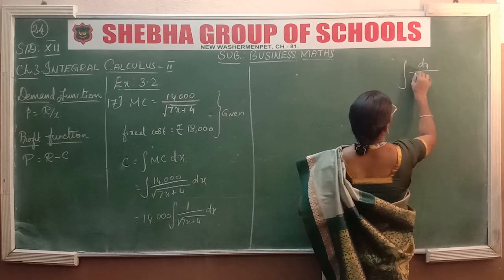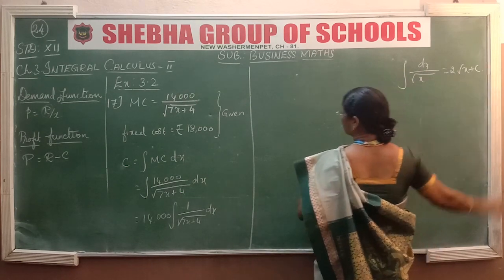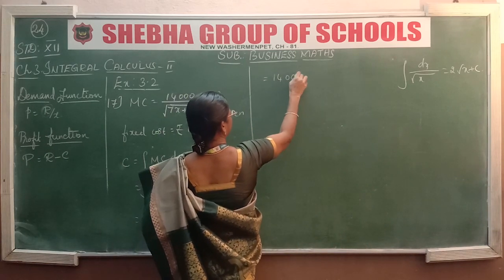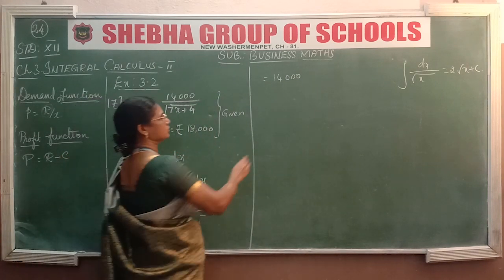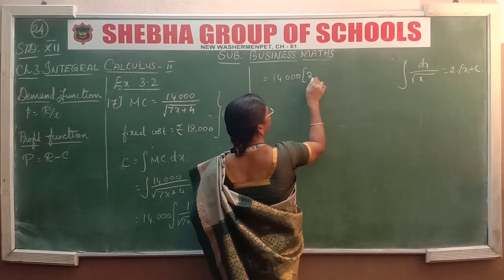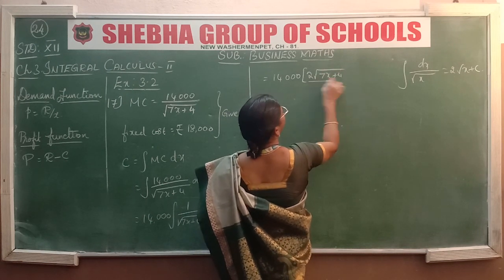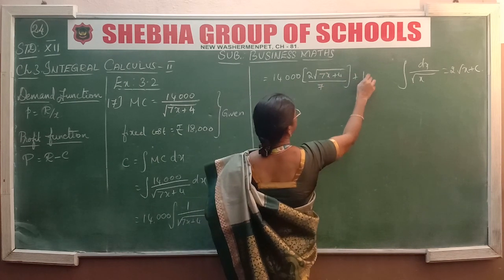This is of the form integral dx by root of x, which is equal to 2 root x. Using the formula here we get 14,000 into 2 into root of x, where x is 7x plus 4, divided by the coefficient of x, which is 7, plus some constant k.